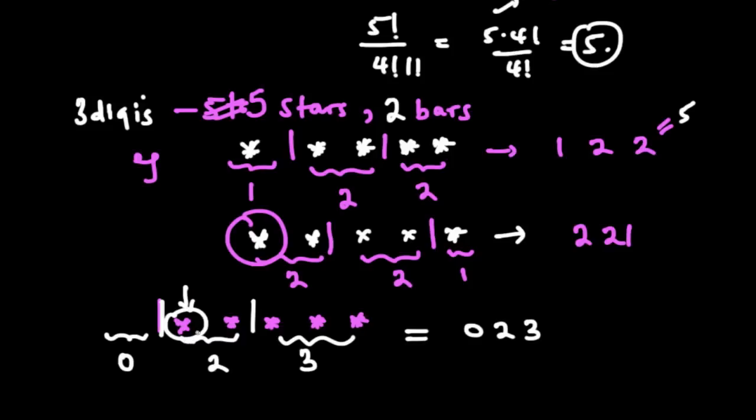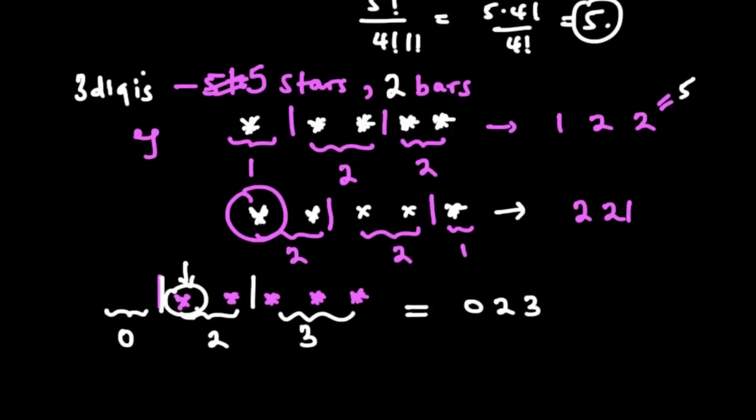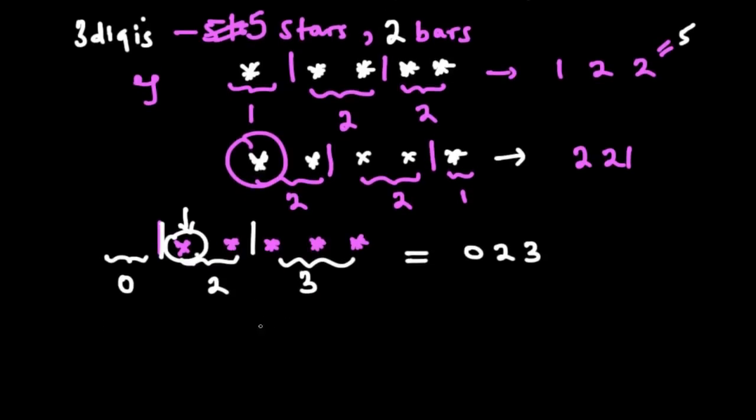Now since the first must be a star, you have 2 bars, and since the first is fixed, you shouldn't touch it. How many stars do you have left? You have 4 stars, 1, 2, 3, and 4. So all in all, how many objects do you have?